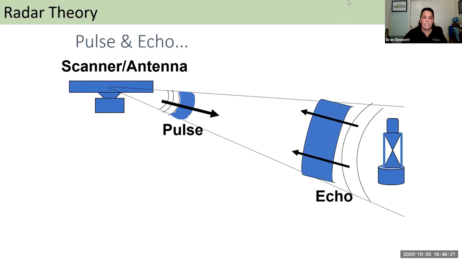Louise asked, how does a radar differ from sonar? So it's very, very similar in that, when I think of sonar, I'm not an expert in sonar, I'm thinking of like a depth sounder, where that isn't as directional. That's just down and up.